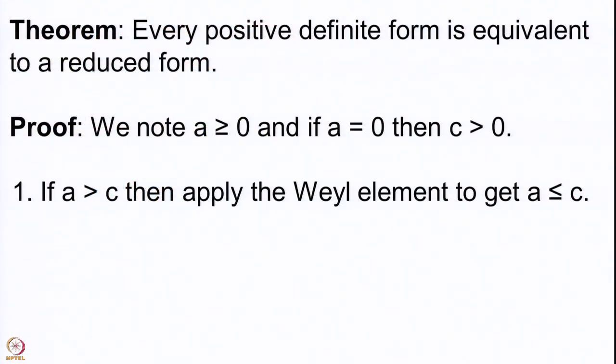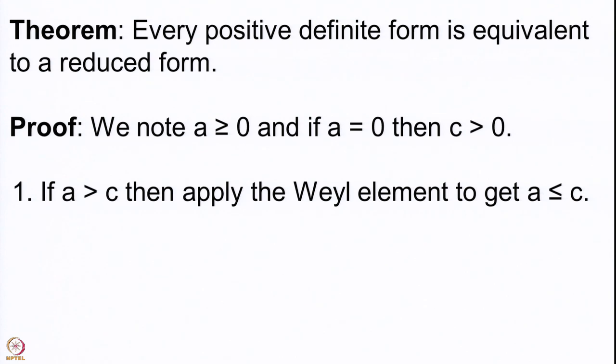Okay. Now, we try to arrange so that A becomes less than or equal to C. The problem may be that A may be bigger than C. So, if your A is bigger than C, these are both non-negative numbers.